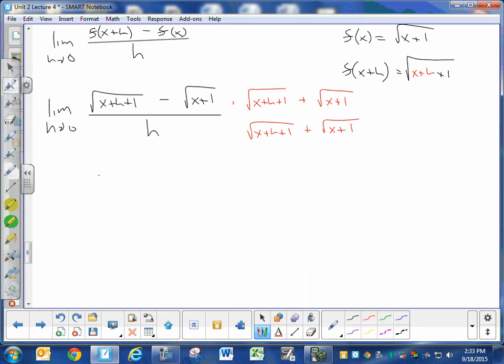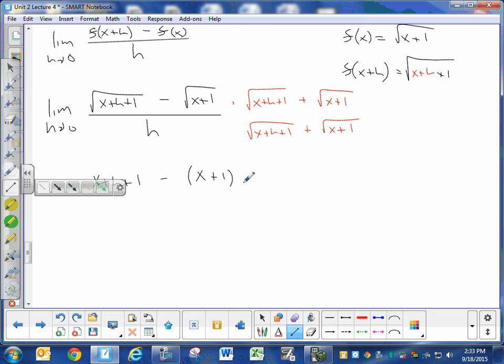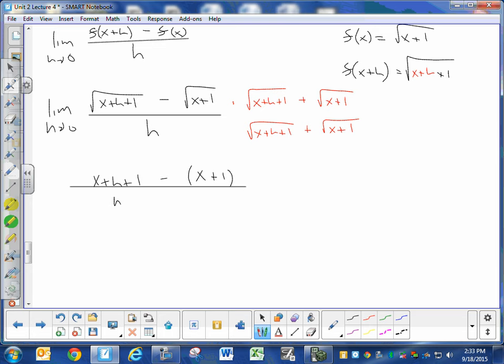We would get x plus h plus 1 minus the quantity, make sure we use parentheses, x plus 1, all divided by h times that conjugate we're multiplying, root x plus h plus 1 plus root x plus 1. And this is the limit as h approaches 0. Now I can distribute this negative.